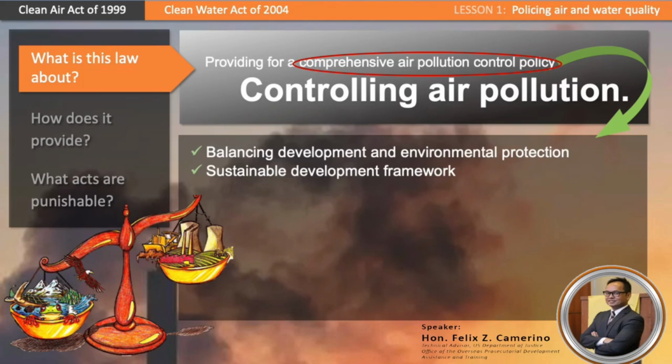Not just when we breathe out carbon dioxide, but when we smoke cigarettes, when we use our cars, and our cars, since they use fossil fuel, they'll belch out carbon monoxide. So there's that, right? But all of those things are intended for our growth, for our personal growth, for our personal development.